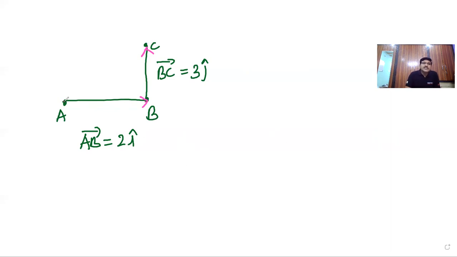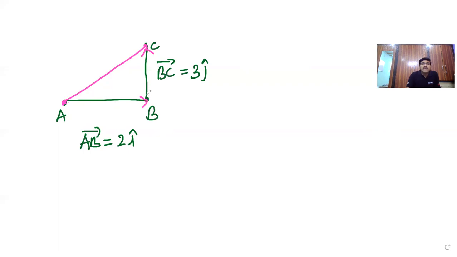Now, what does displacement say? Displacement is the line joining the initial and final positions. So AC is the displacement. AC is the line joining initial and final positions, or the shortest distance between the initial and final position. AC bar is the displacement. Clear? So simply making use of triangle law: AB bar, tail to head.